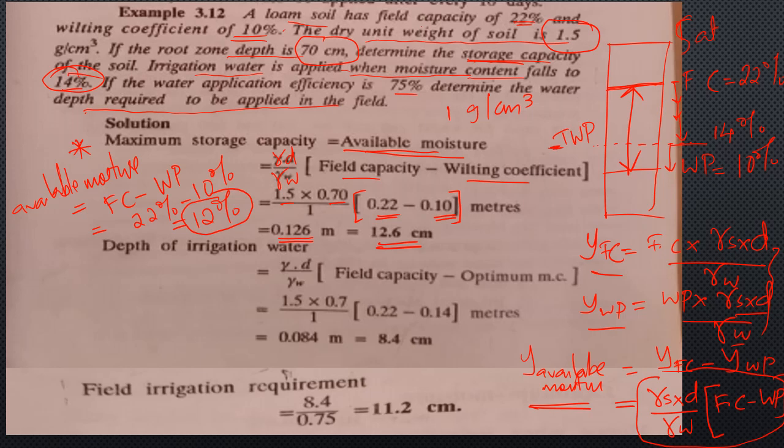Now the depth of irrigation water. We said the subsequent irrigation is provided when the water content decreases to the temporary wilting point, which is taken as 14%. Next we have to find the depth of water corresponding to that value, that is the water applied in subsequent irrigation.